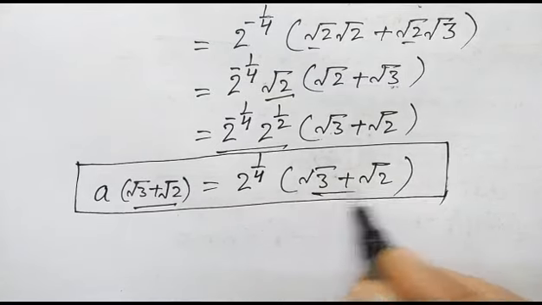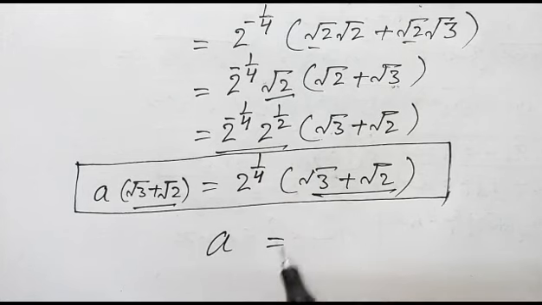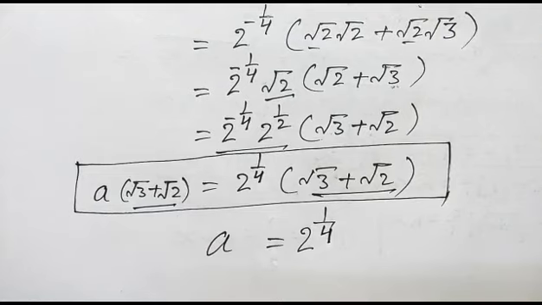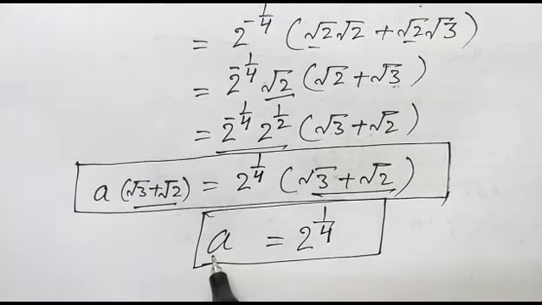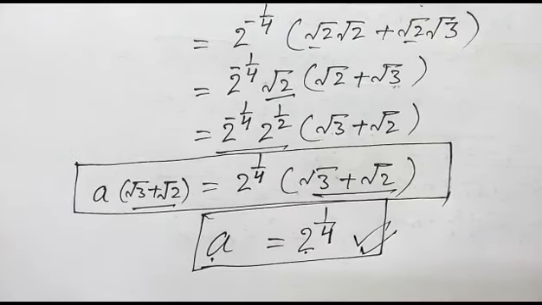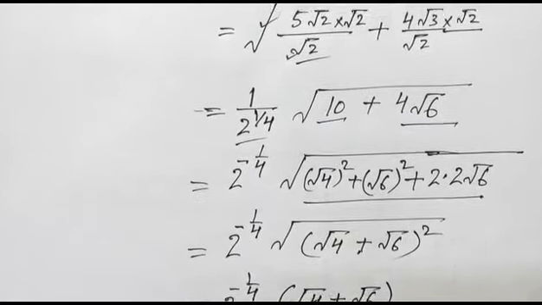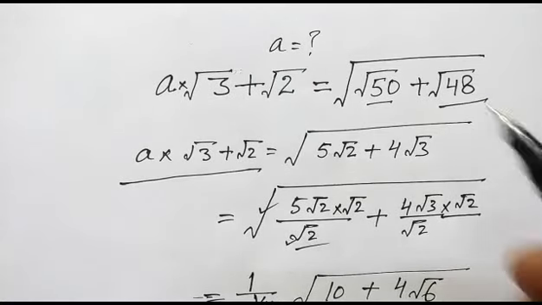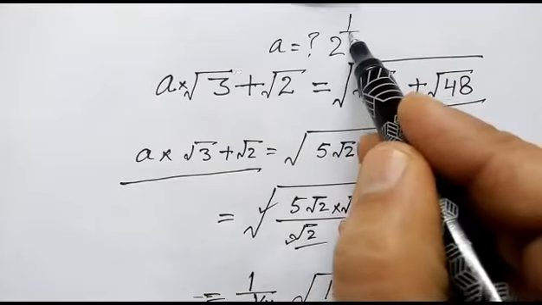So this value and this are the same, right? So a will be equal to 2 to the power 1 by 4. So this is our required result. a is equal to 2 to the power 1 by 4.